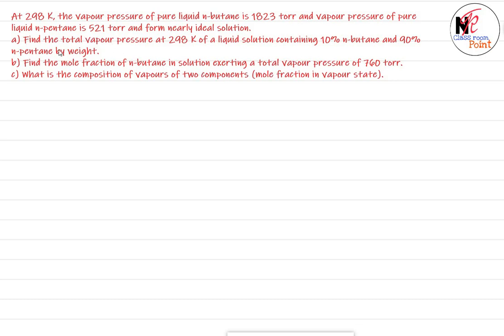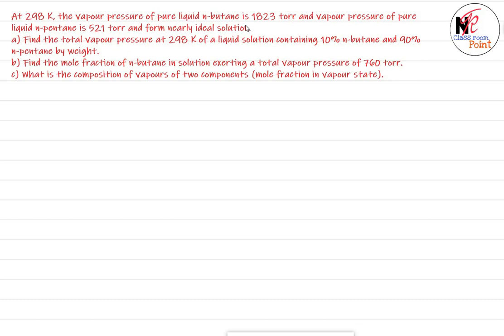So initially let's try to solve sub-question A, in which we need to find the total vapor pressure. Total vapor pressure of any solution of the liquid in liquid type is equal to the sum of the partial pressures of that solution. Partial pressures are also to be calculated. Why? Because here only pure vapor pressures are given.